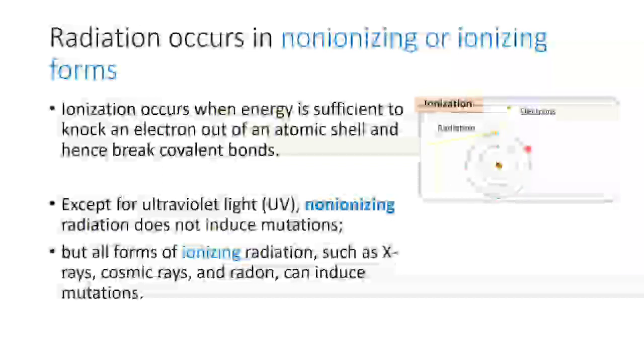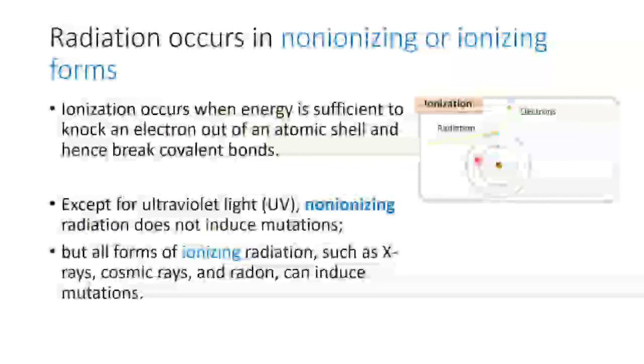If the ionizing radiation has enough energy to knock out, meaning to remove, the electron out of the atomic shell, this molecule will be converted into an ion, and this ion will affect the bonds between the nucleotides at the level of the DNA. So this ion produced by the ionizing radiation can break the phosphodiester bond between the adjacent nucleotides at the level of the DNA, leading to mutation.